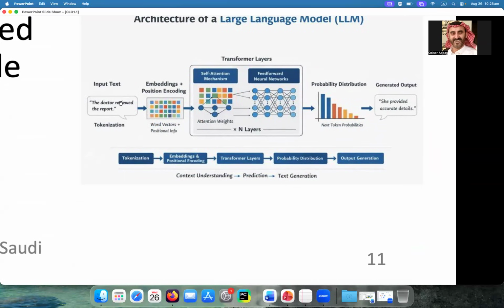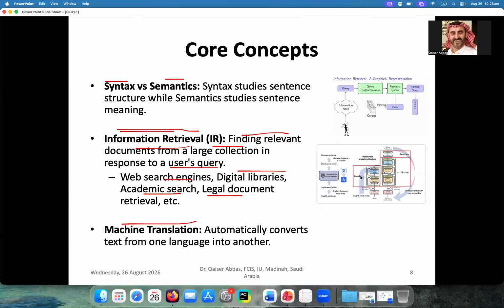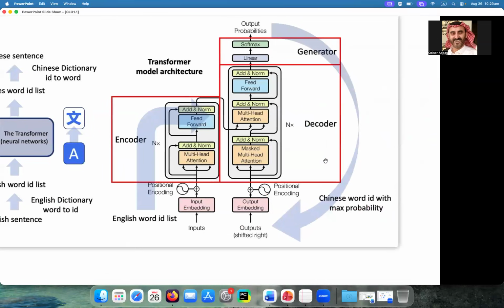Text is coming. You are first converting text into tokens, which means words. Then you are converting words into IDs and then embeddings. And then it is coming into self-attention, then the feed forward neural network. This is the same design that you have in the machine translation model: attention, feed forward, same.